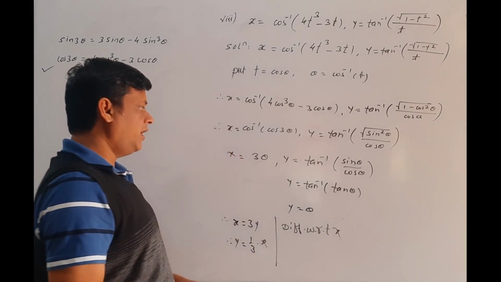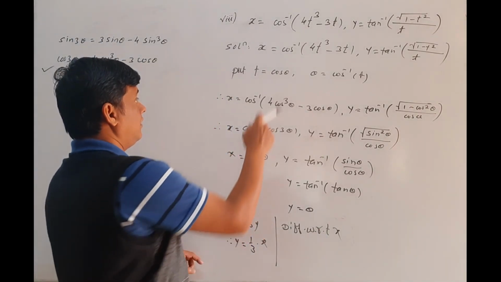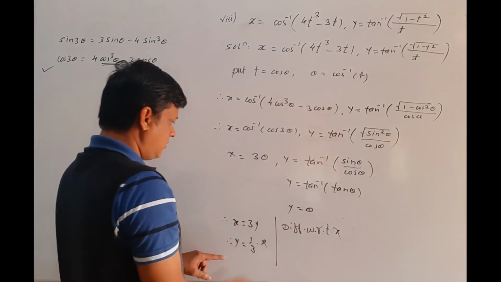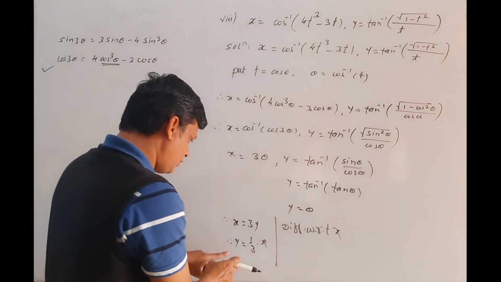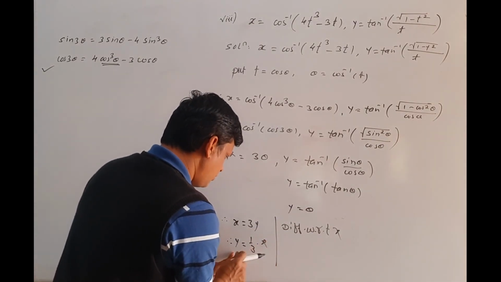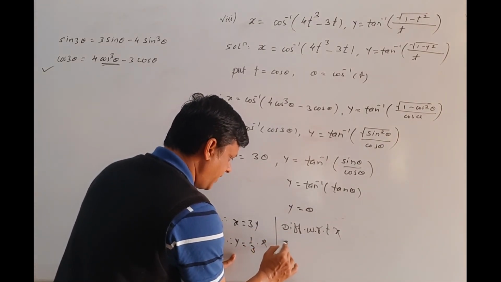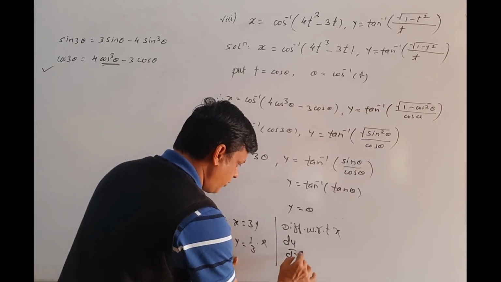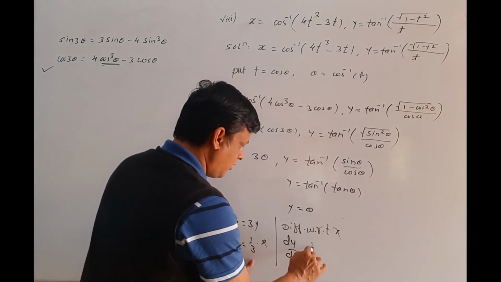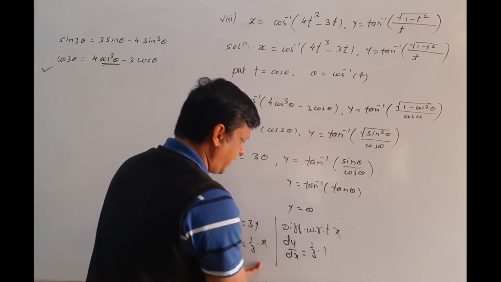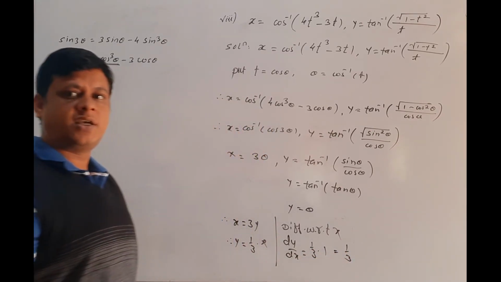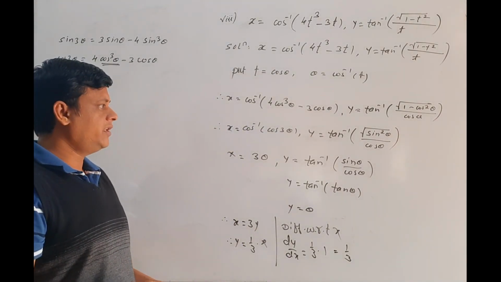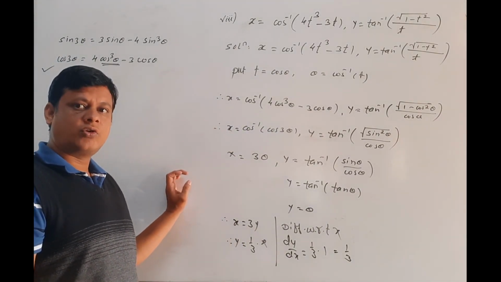That means here we eliminate the term t, or after substituting we eliminate θ. So y equals 1 by 3 into x. Derivative of the left-hand side, that is the derivative of y with respect to x, we write dy/dx. 1 by 3 is a constant, and the derivative of x with respect to x is 1. So we get dy/dx equals 1 by 3. In this way we solve question 1.